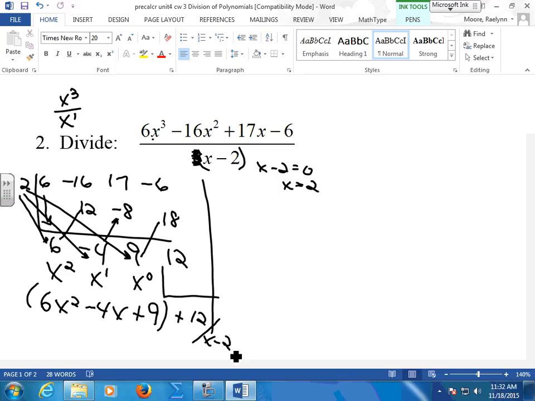Okay, do the last one. 9 times negative 2 is what? Negative 18. Well, I'm supposed to get negative 6, but I have to add in my 12. What is negative 18 plus 12? Negative 6. If you do the first position and the last position, that's a good check, rather than have to multiply the whole thing out.